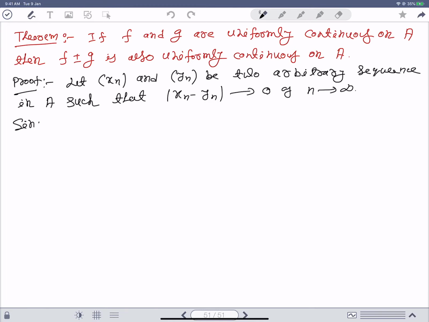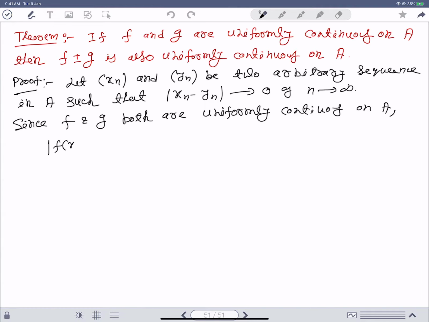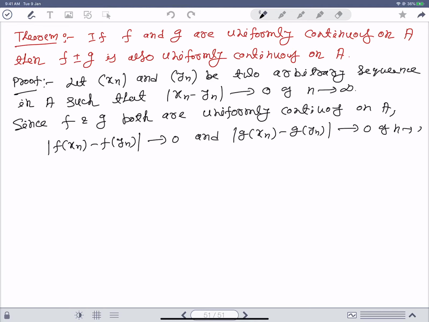Now since f and g both are uniformly continuous on A, therefore f of xn minus f of yn converges to 0, and g of xn minus g of yn converges to 0 as n tends to infinity, right?